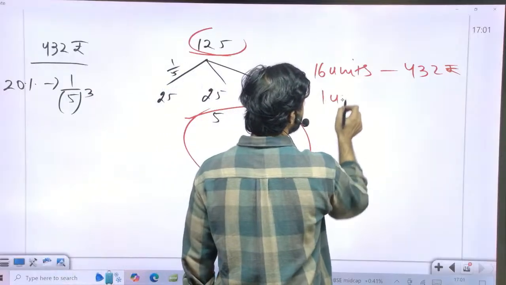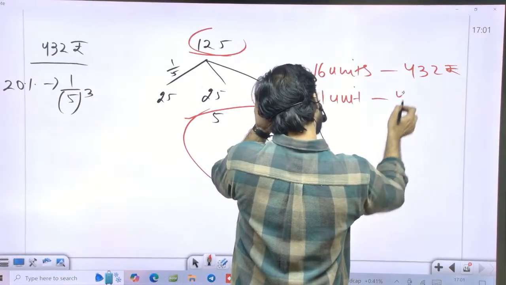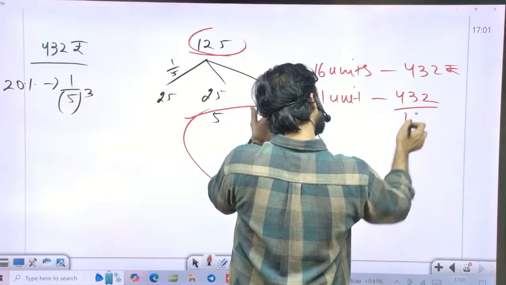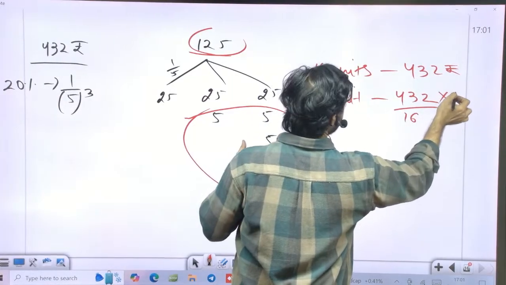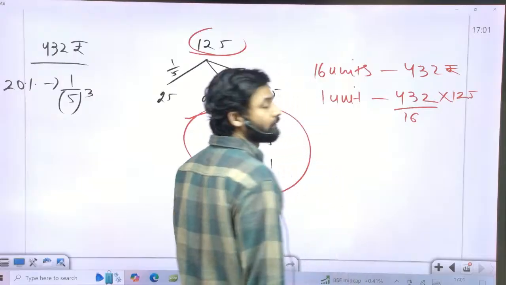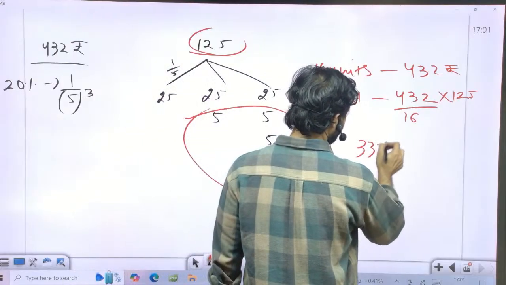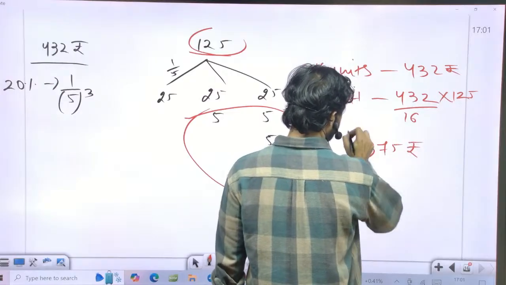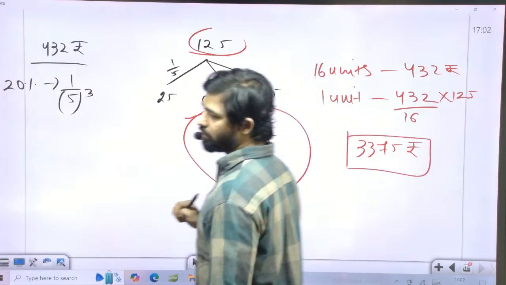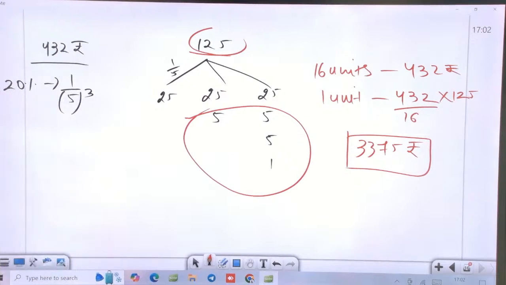The value of 1 unit is 432 divided by 16, and if we multiply it by 125, we get the principal, which is 3375 rupees. Done. Understood now? Any problem?